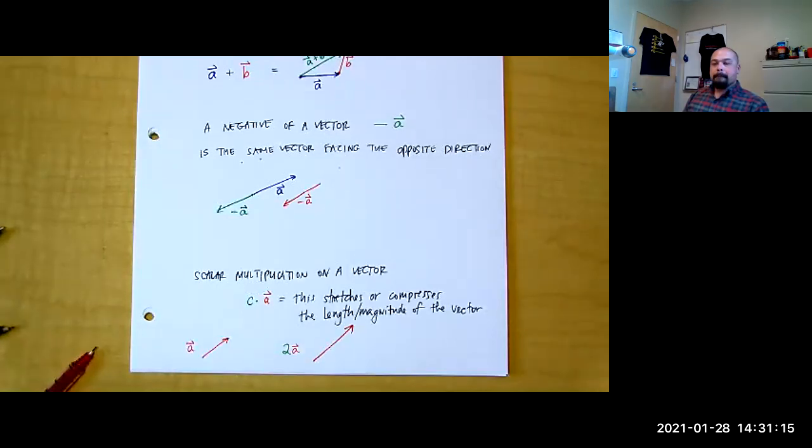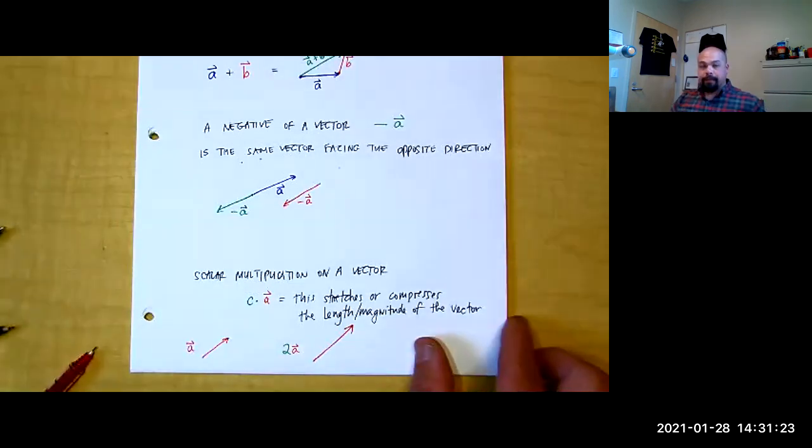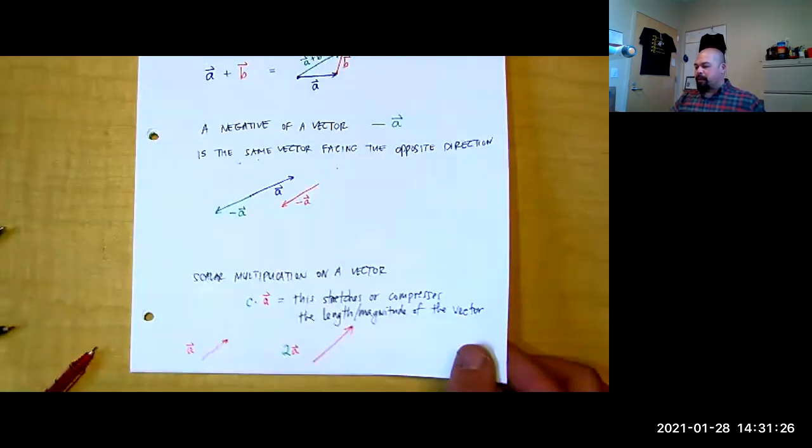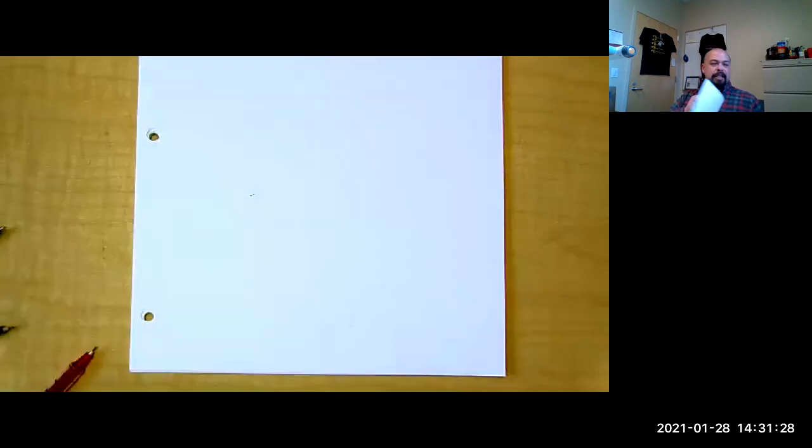Okay? So there's our scalar multiplication. We can work on those. All right. And again, some of these might be fairly simple to grasp, or you might need to look at this a little bit more.